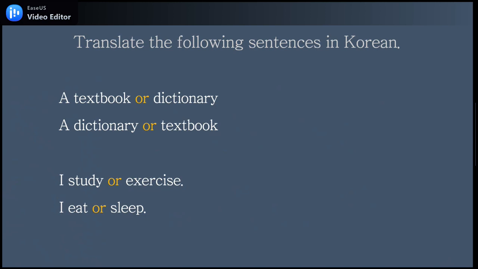A textbook or dictionary. 어떻게 말해요? 교과서나 사전. How about the next one? The dictionary or textbook. 어떻게 말해요? 사전이나 교과서. Okay. What's the difference between these two cases?